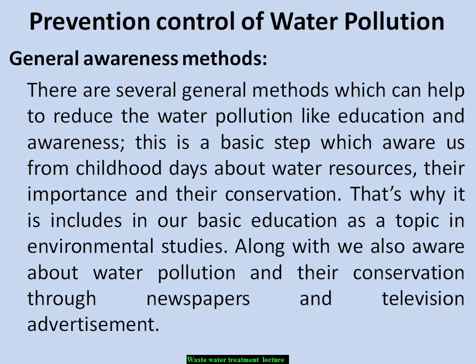In addition, there are awareness campaigns through advertisements on local channels, TV, animation, and newspapers. These awareness programs and slogans are very helpful to reduce water pollution. This is the first, or primary, way to control water pollution.